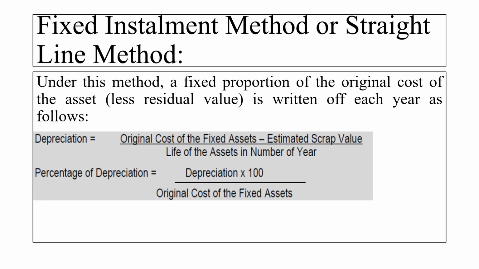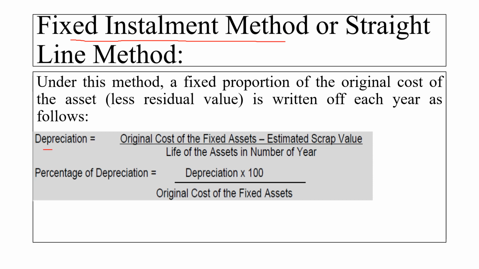One of the important methods under depreciation is the fixed installment method, or straight line method. Under this method, a fixed portion of the original cost of the asset is written off every year. You have to remember the formula here.